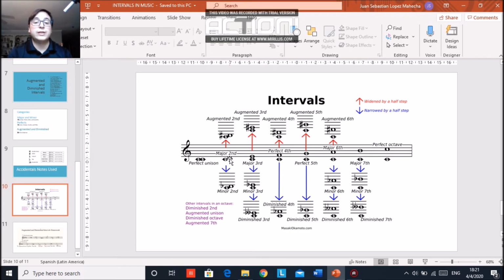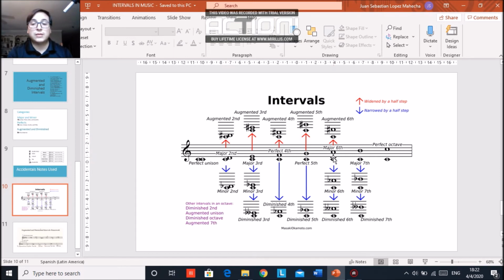So it's different with the seconds, thirds, sixths, and sevenths. Basically, major has another position. We can turn that to a minor, and if we go even lower, half a step lower, we get a diminished. Okay, it's the same going up from the major: we get an augmented.